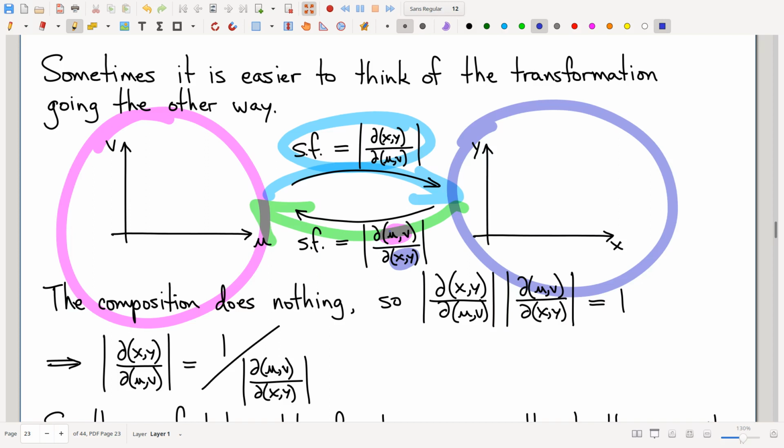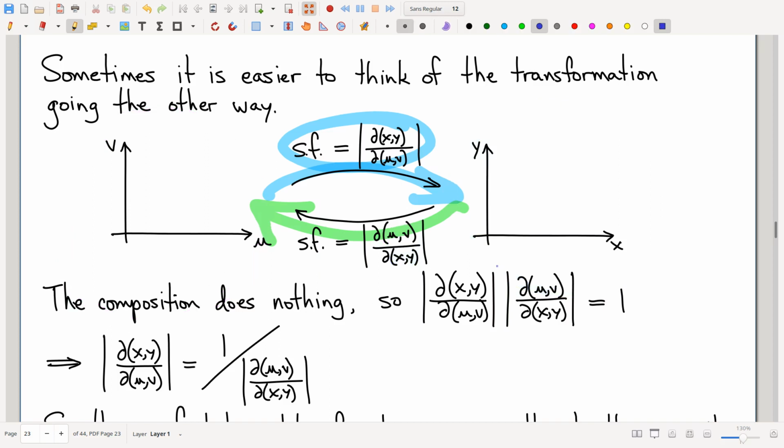Right? So the stretching factor going the other way is this thing, partial uv, partial xy. And now I'm going to make a clever observation.